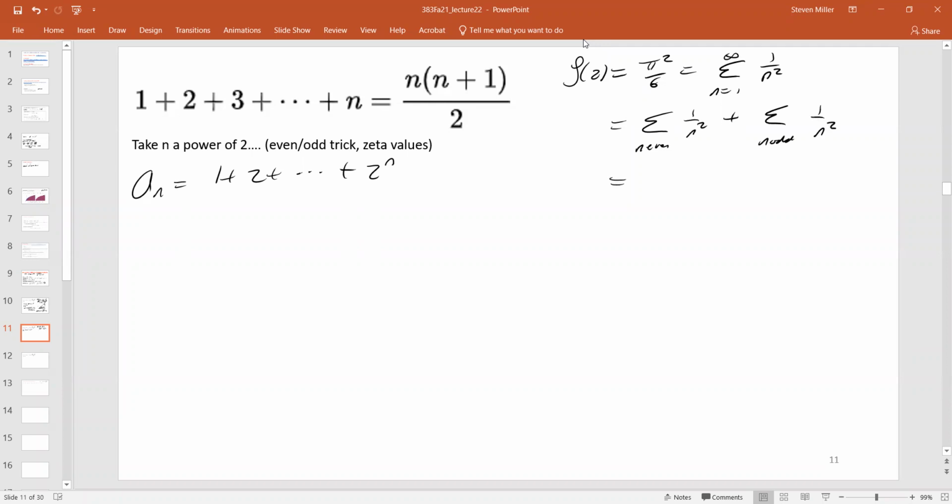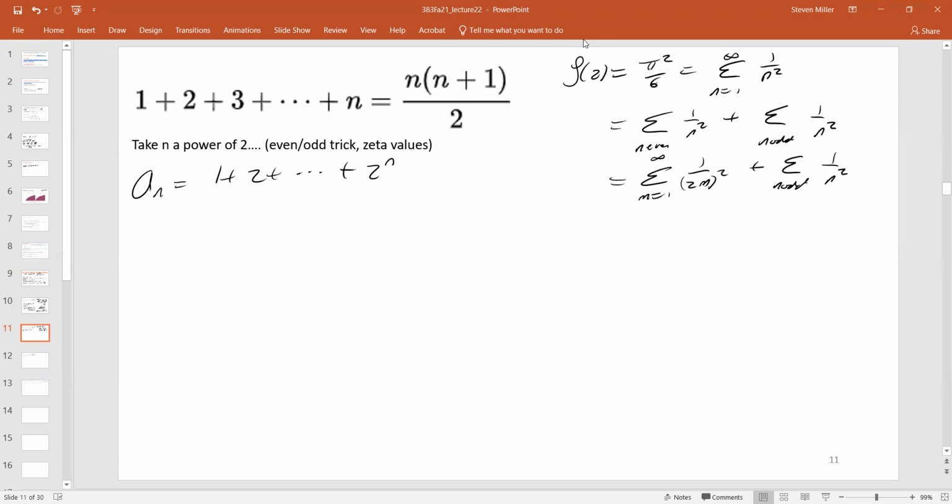But what is the sum over n even of 1 over n squared? 1/4 of the whole sum, right? If you write n as 2 times m, with a little bit of thought, this is the same as the sum over m from 1 to infinity of 1 over (2m) squared, plus the sum over n odd of 1 over n squared.